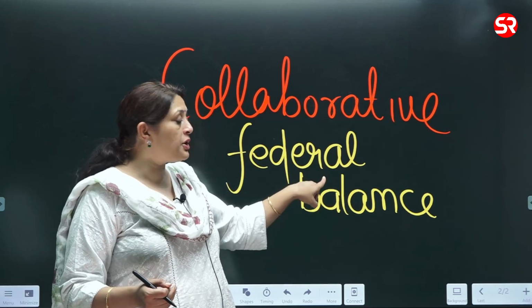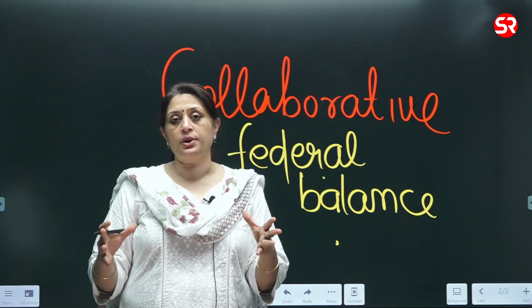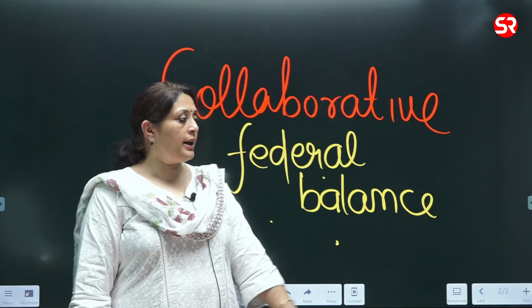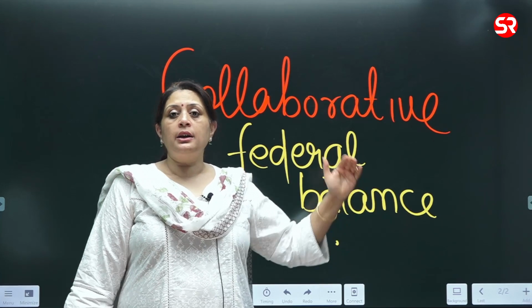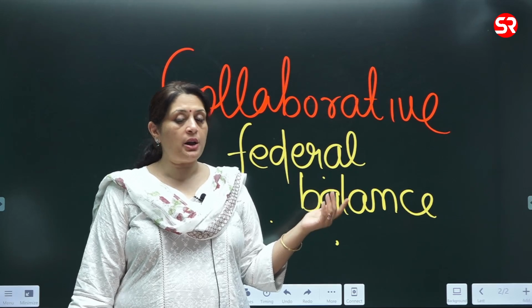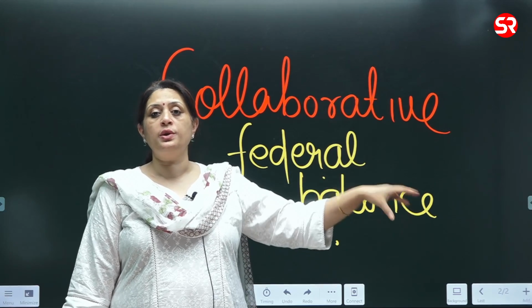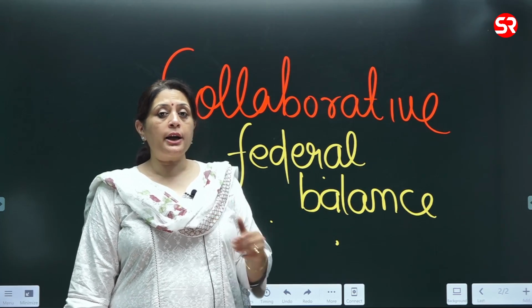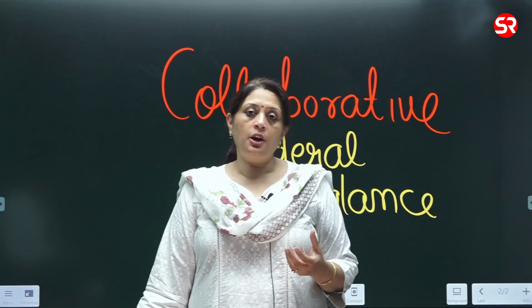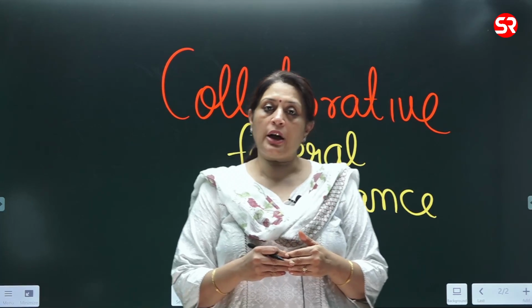But federal balance means our Constitution has established a very unique federal balance, where it has been held that the Center should remain important, but there has to be an equilibrium and states should not lose significance. I hope these principles of jurisprudence will give some food for thought for you to understand.